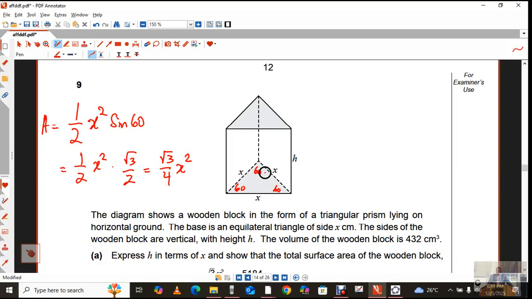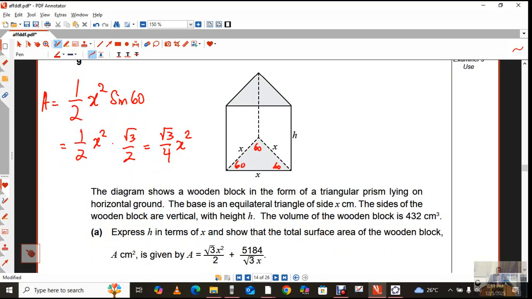But we don't have h to find the whole area there, because they won't want us to express the total surface area in that form. But we are given the volume, and the volume is equal to 432 cubic centimeters. We need to find h. So how does the formula work for a prism?